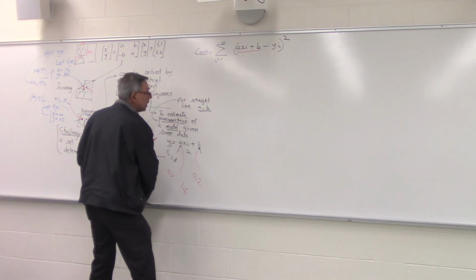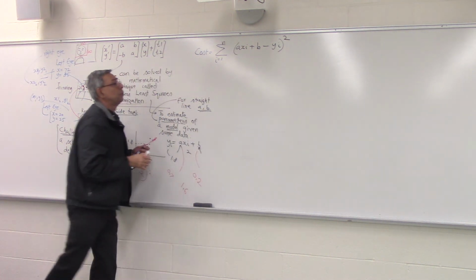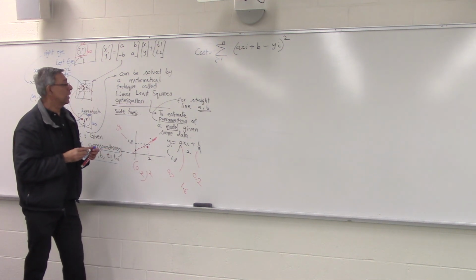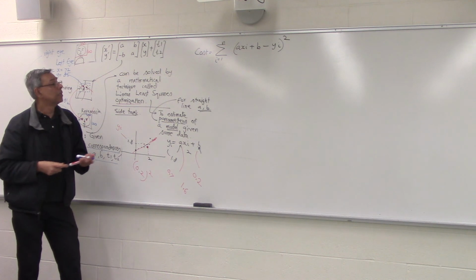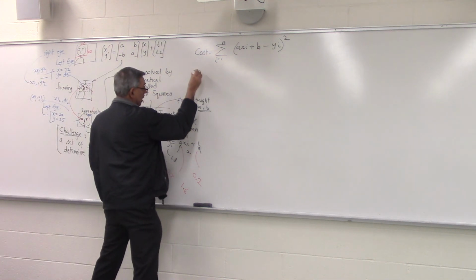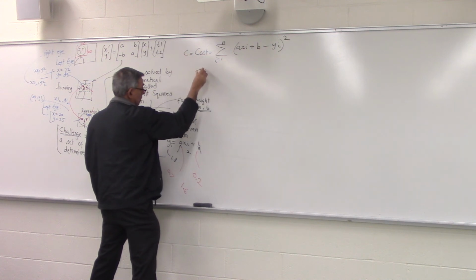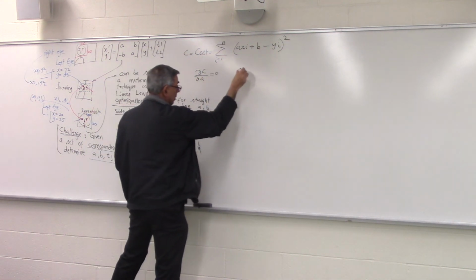So anyway, once we have a cost function, then in linear least squares, what we do is apply partial derivatives to come up with the model. So our approach will be, suppose I call this C, partial C over partial A, we'll set it equal to 0.